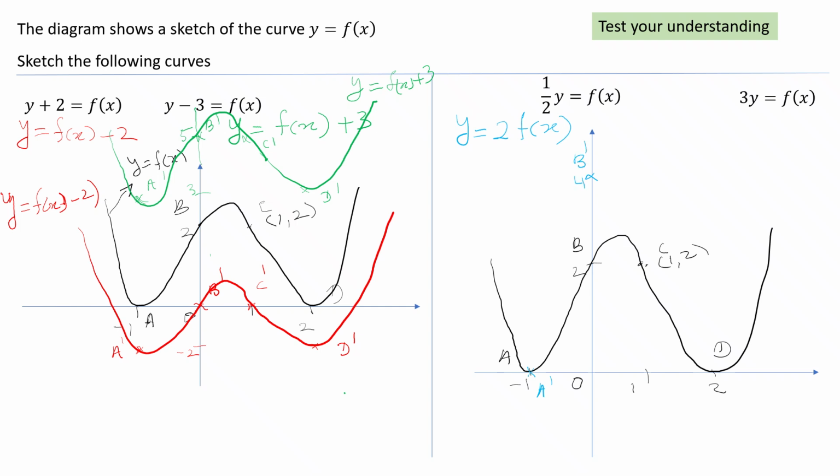B dash. Point C also 4. Point D still remains the same, the 0 y coordinate. So D dash here. So now draw the graph. This is y equals 2f(x). The black one is y equals f(x).